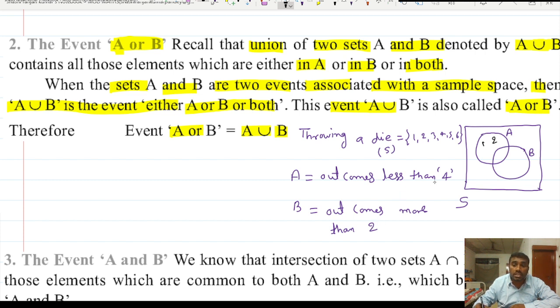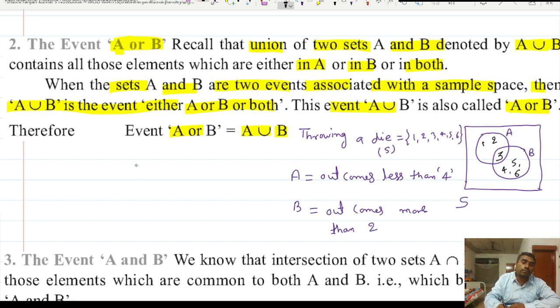So 3 is present in set A and also in set B, meaning this is the space present in both events A and B. What about the 4? Then you can write here 5 and 6, because it is given that outcomes are more than 2, meaning all of these come in B. Outcomes less than 4, so 1, 2, 3 will come in A. Got it or not?